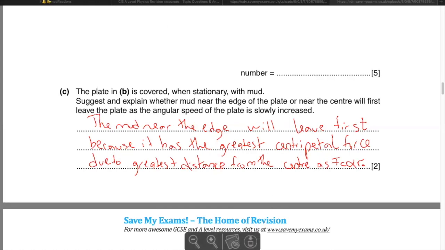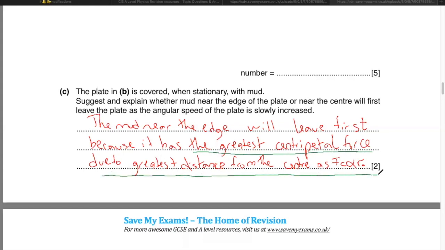The marks are for this: greatest centripetal force due to the greatest distance from the center as FC is proportional to R. This is crucial. This is the second mark, and this is the first mark.